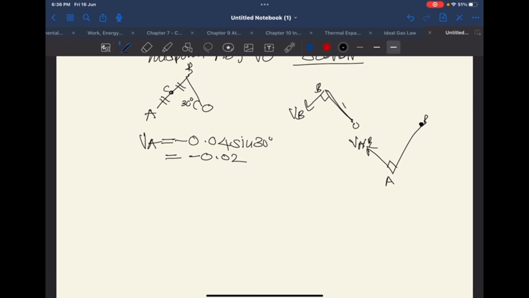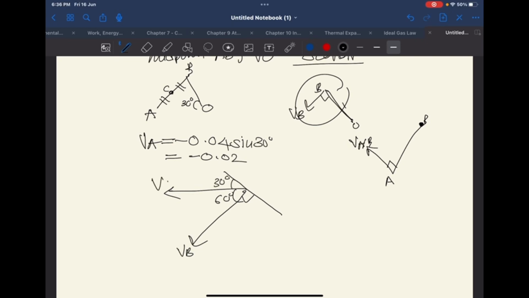We find VB first. The angle here, we know that is 60 because here VB is perpendicular like this. Next, 180 minus 60 and 90 is 30. So here is VA, because the VA direction is here.